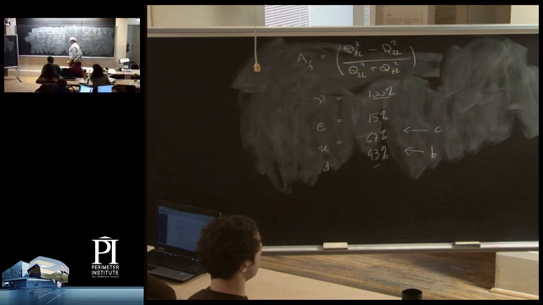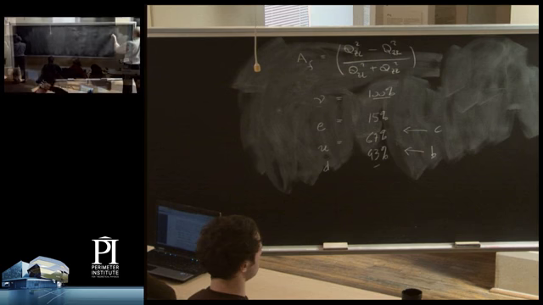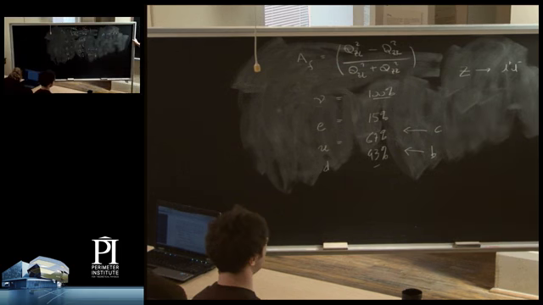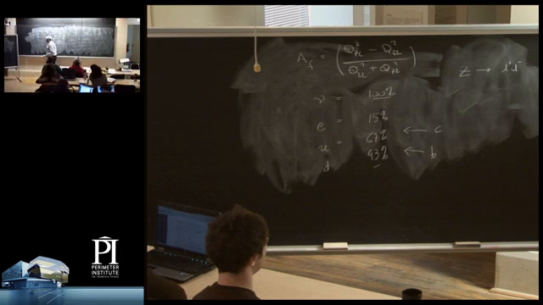So if we want to think about Z going to L plus L minus, what I want to do is to ask how I can measure the polarization of the lepton that comes out of Z decays. And there are basically three ways to do that. One I'll explain.